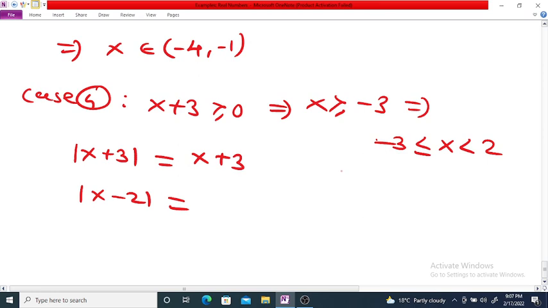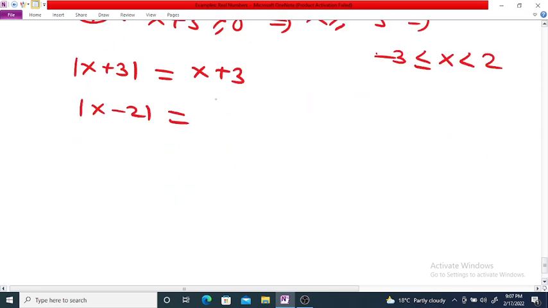For this range, x minus 2 is less than or equal to 0, and this implies mod of x minus 2 is equal to minus of x minus 2.